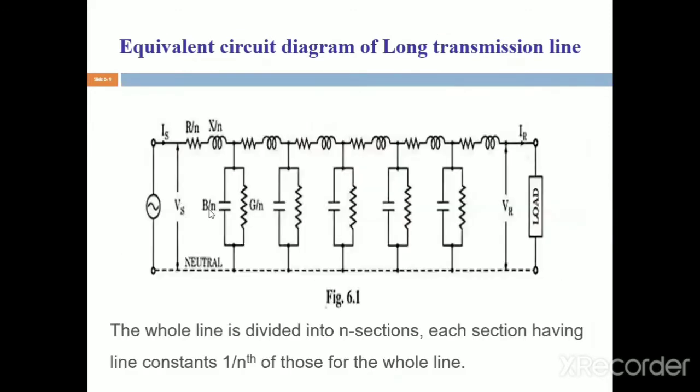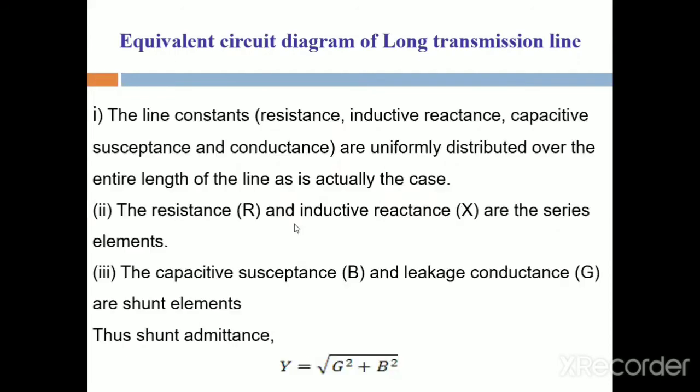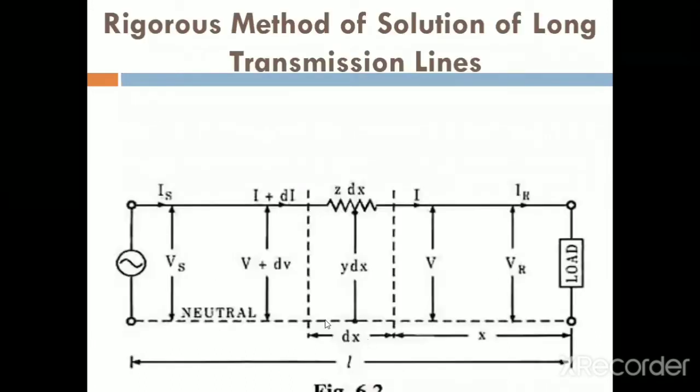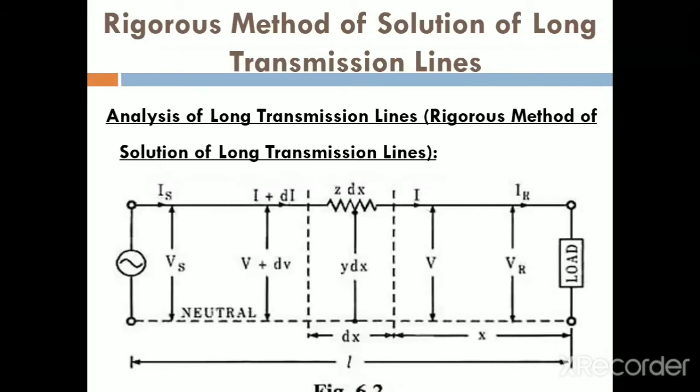Y is the shunt admittance, equal to the square root of conductance square plus capacitive susceptance square, where G is the conductance and B is the capacitive susceptance.